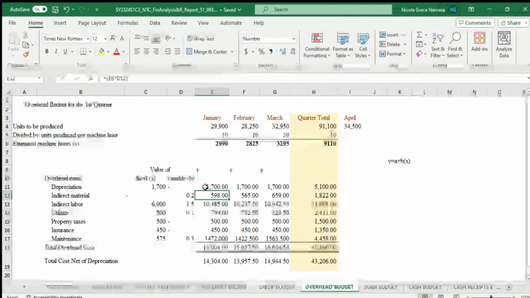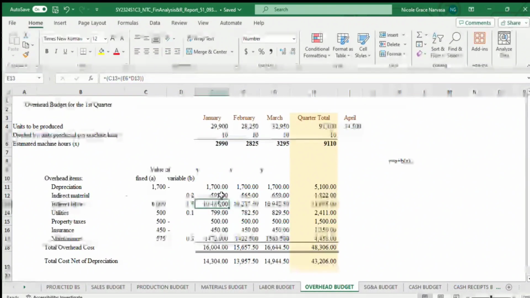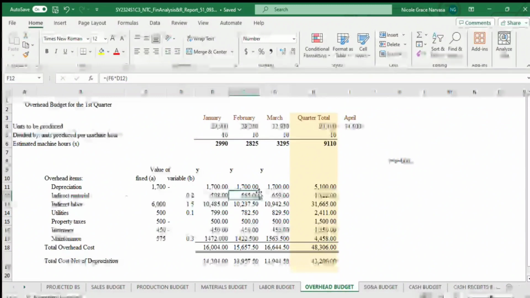To get this, we will multiply b to x, and that will give us a total of 598. So 0.2 multiplied by 2,990 is equal to 598. That's also the same in February, March, and quarter total.